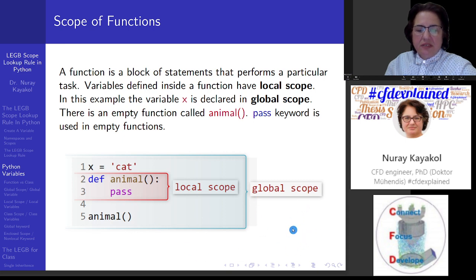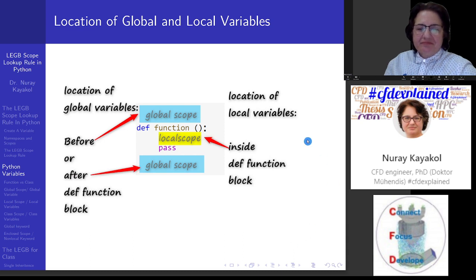Actually, the definitions are very clear. But the problem is when you have several functions inside of one function, that is, nested functions. Actually, this lookup rule is not so simple. Then let's understand what the global scope and local scope are in this piece of code.